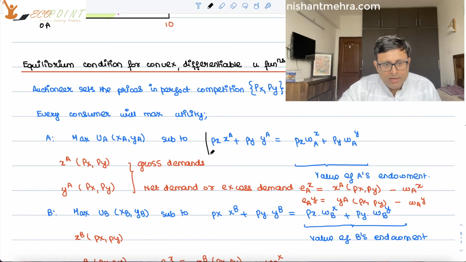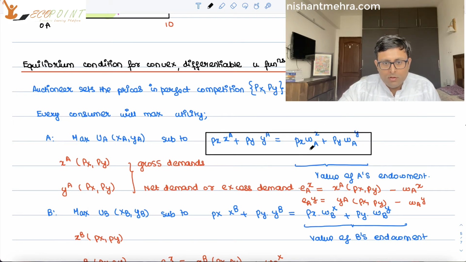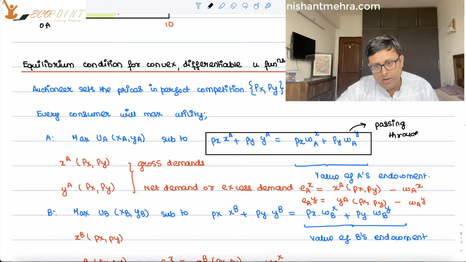This budget constraint which I have is passing through the endowment. So my budget line has to pass through the endowment, and it is passing through XA, YA also. If XA, YA is going to be an equilibrium, whatever it is, it has to pass through that point also.